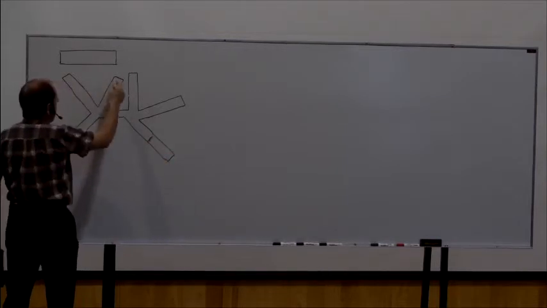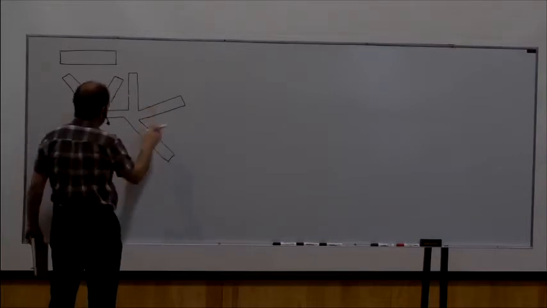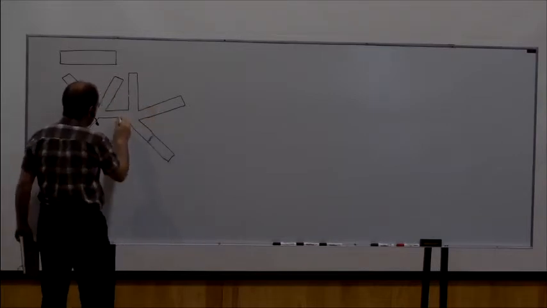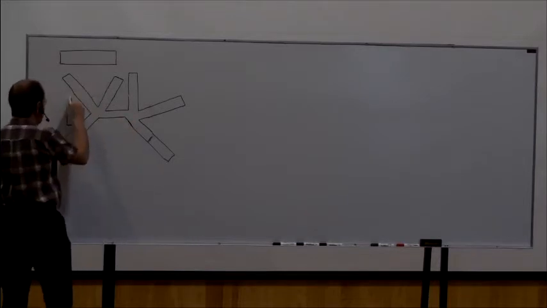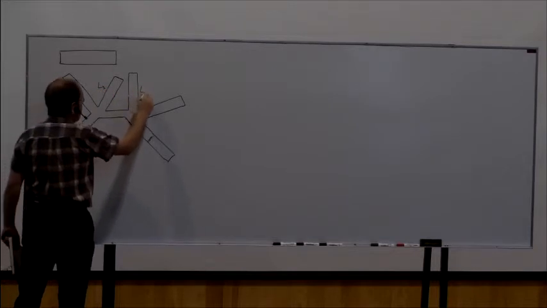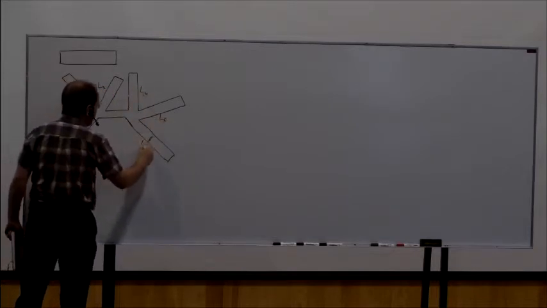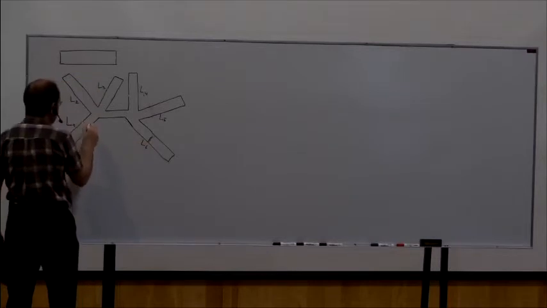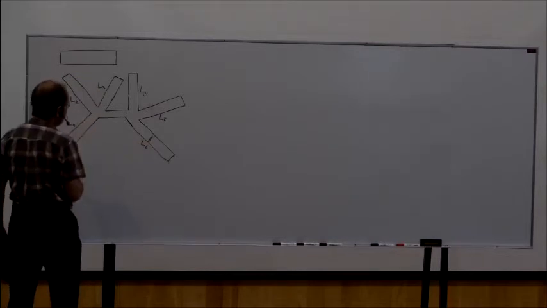Okay, so these parts of the structure, these strips of which the structure consists, have some lengths, right? L1, L2, L3, L4, L5, L6, and so on, and some thicknesses, right?